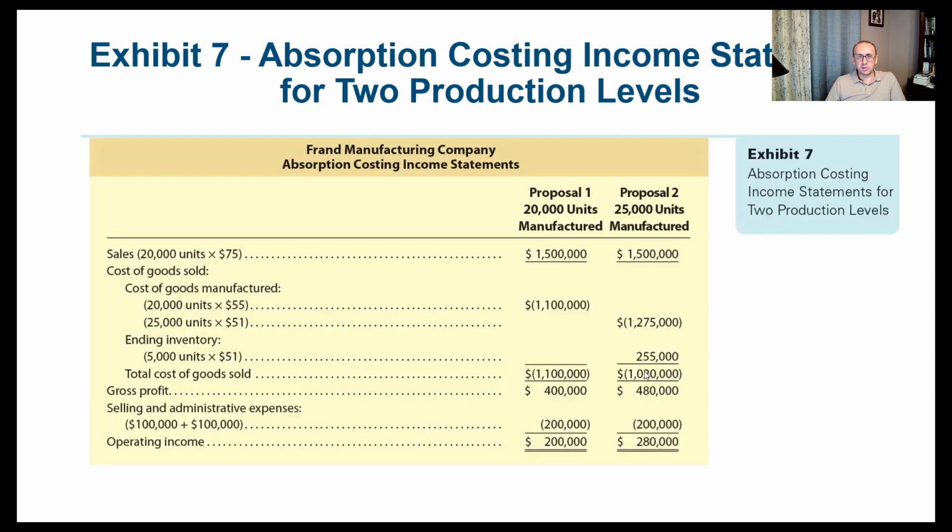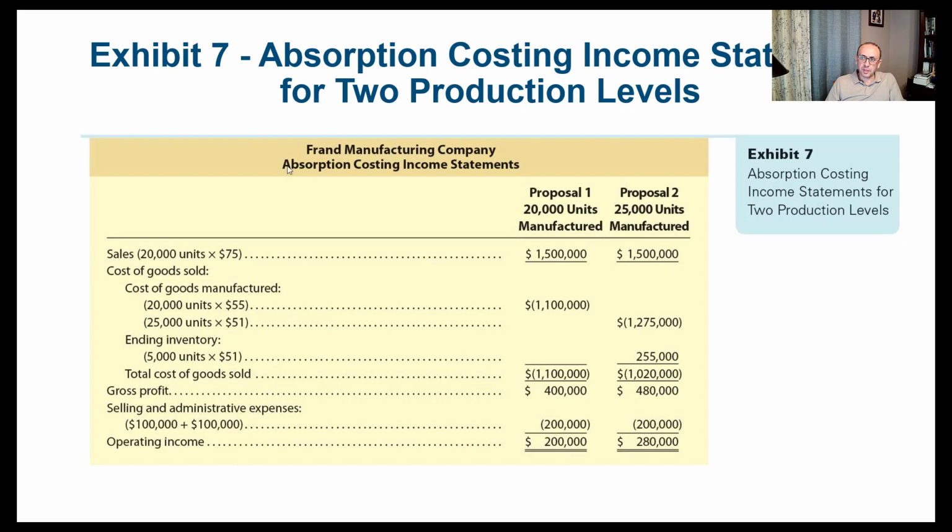So now let's see through this exhibit the absorption costing income statement for two production levels. In the first column, we have the 20,000 units manufactured. In the second column, we have the second proposal where we have the 25,000 units manufactured.